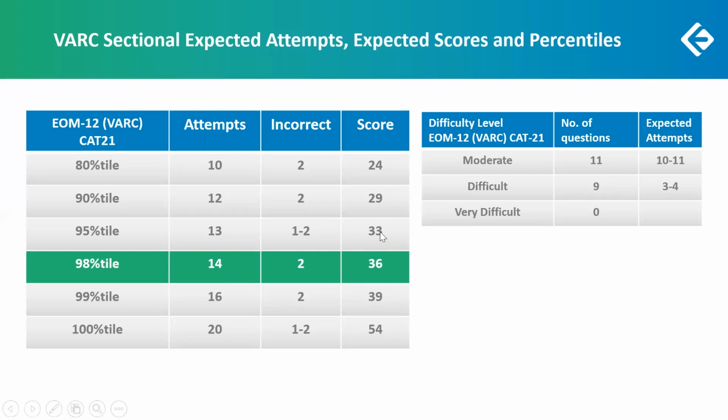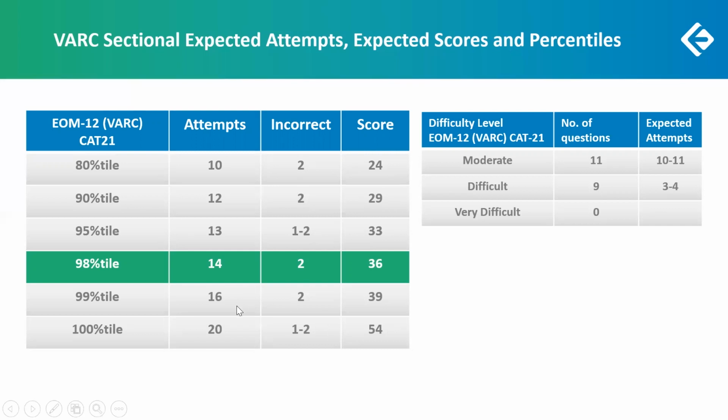A score of 33, roughly around 13 attempts with 1 or 2 incorrect, would fetch you a 95 percentile. A score of 29 with about 12 attempts and 2 incorrect fetches you a 90 percentile. A score of 24 with about 10 attempts and 2 incorrect fetches you an 80 percentile.